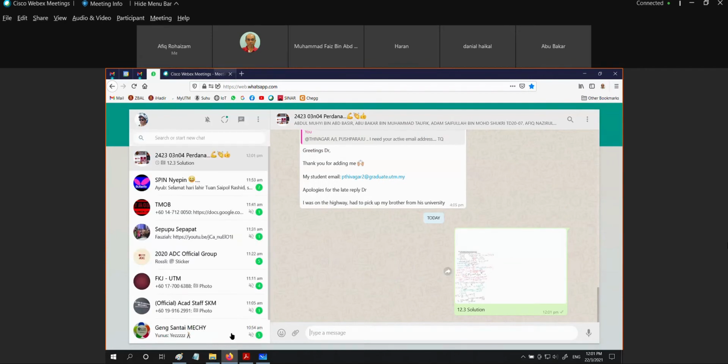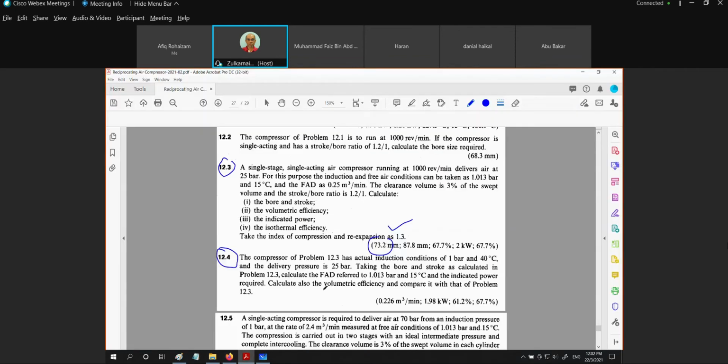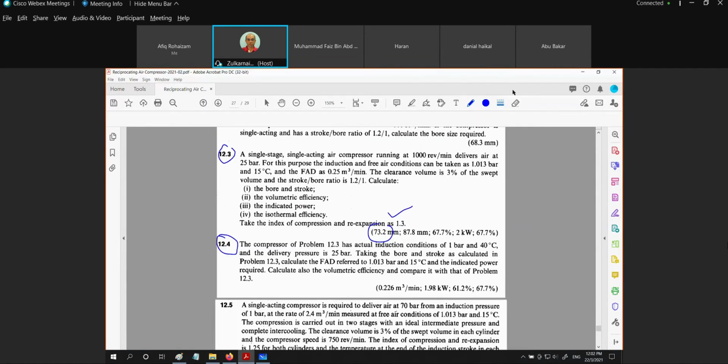Okay, so next we are looking at the continuing equation solution problem of this. The next one is 12.4. Okay, what is the condition of 12.4? Can we try to observe?